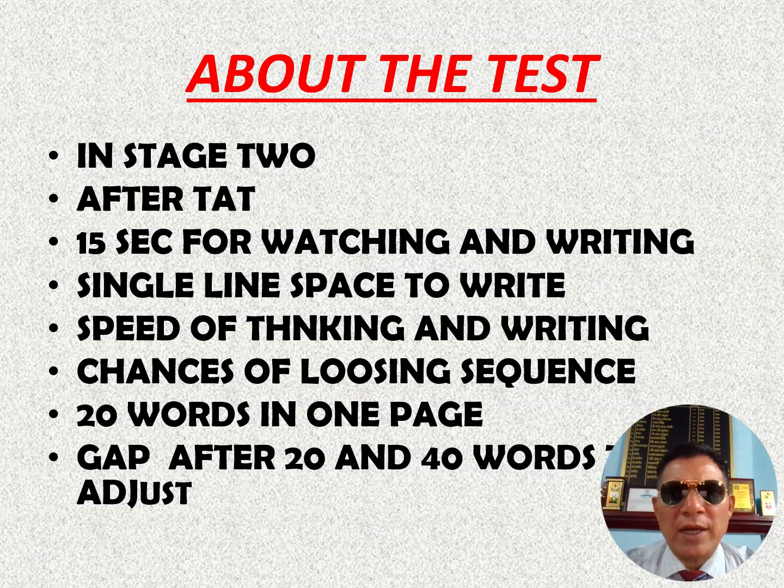A word will be flashed and you have to write a single line. Space will be given there in the paper, and you need to frame a sentence. Speed of thinking and writing is most important in this. Chances of losing sequence are there, so be fast, quick, and write whatever comes to your mind first.